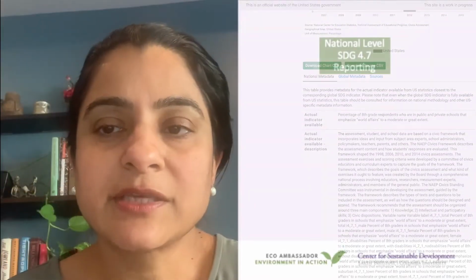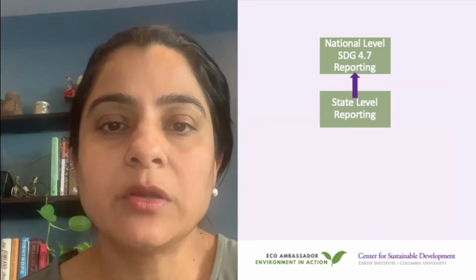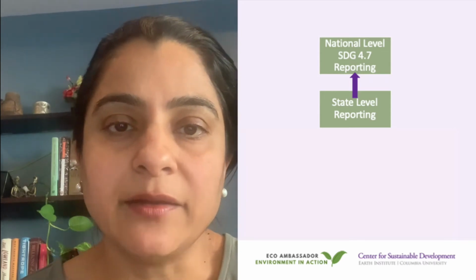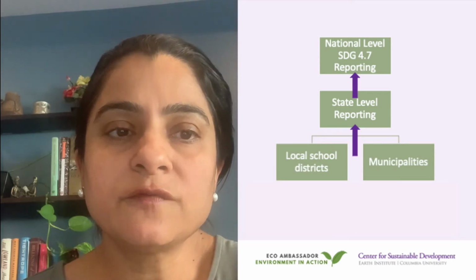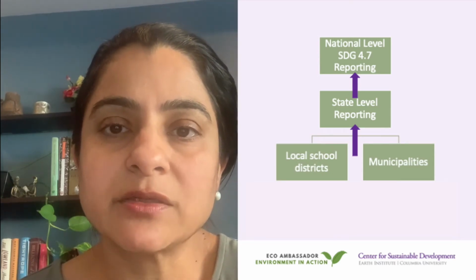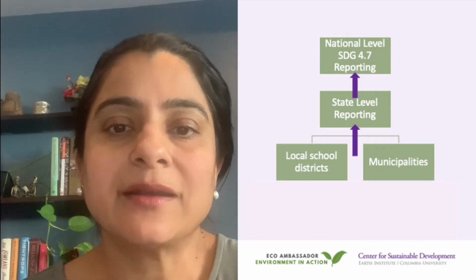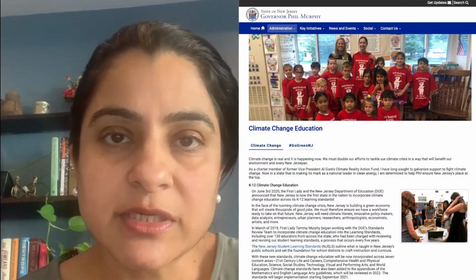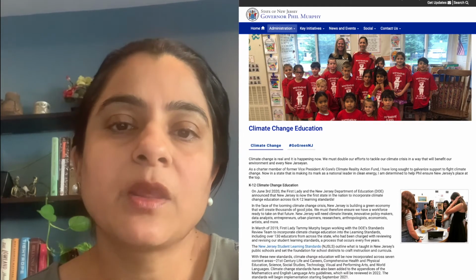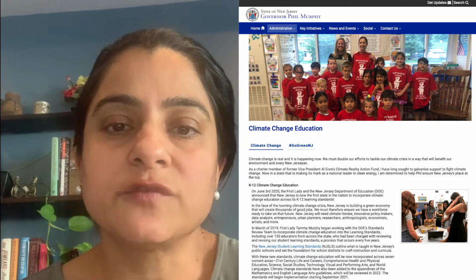At the sub-national level, which is at the state or county level, there is a big disconnect between what the actions are locally versus what is presented as an indicator format nationally. So we would assume that many of the activities that are currently going on at the district level or at the state level are not adequately represented at the national level. For example, in the US, the state of New Jersey is the first state which has adopted climate change education as an integral part of the formal school curriculum.